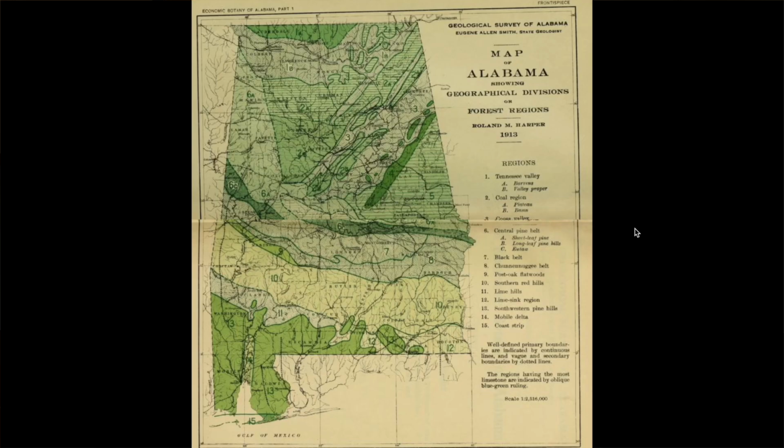Now, if we look at that, we can get even more specific, and that is what Roland Harper does in his write-up. And that's what I kind of want to go through today and show you how you can look at that and let it guide management. So this is the map that Roland Harper made as part of his economic write-up. And you can see a lot of different regions through here for the state.